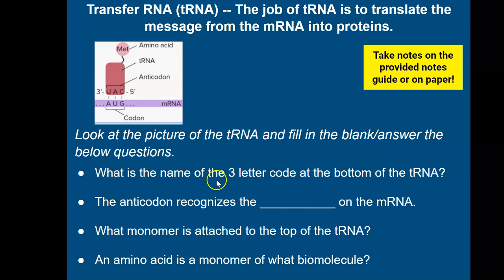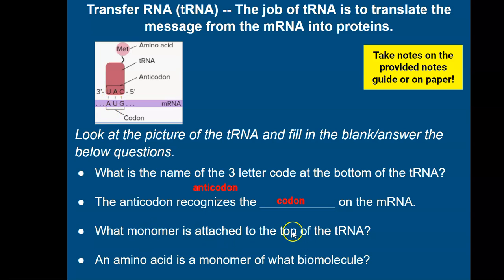What is the name of the 3-letter code at the bottom of the tRNA? So here's my tRNA. I know on mRNA it's called a codon. On tRNA it's called an anticodon. The anticodon recognizes the codon on the mRNA. So this anticodon right here, UAC, recognizes the codon on the mRNA. And if you notice, they're complementarily base pairing right there.